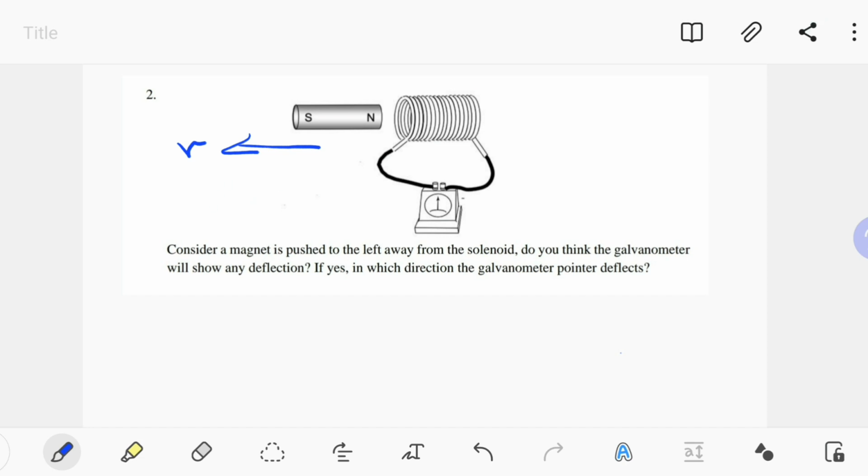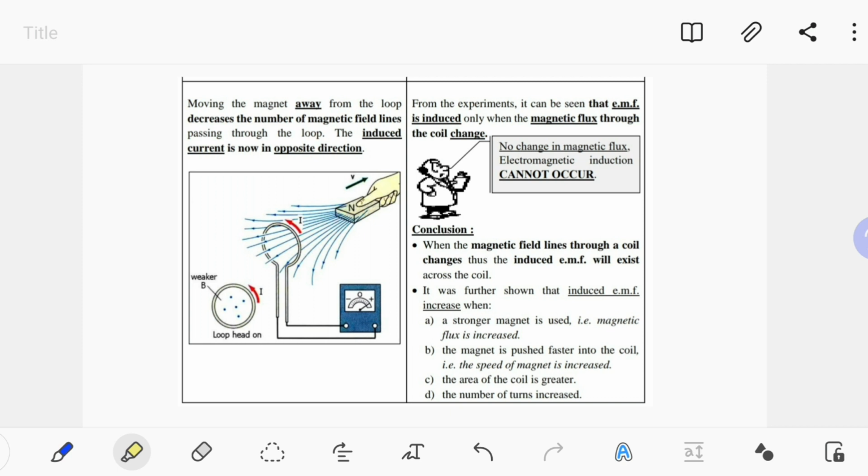As we all know, the arrows of the magnetic field always point away from the North Pole and inward to the South Pole. So we'll take this magnetic field line as the external magnetic field. Based on Faraday's experiment, when moving the magnet away from the loop or the solenoid, it decreases the number of magnetic field lines.